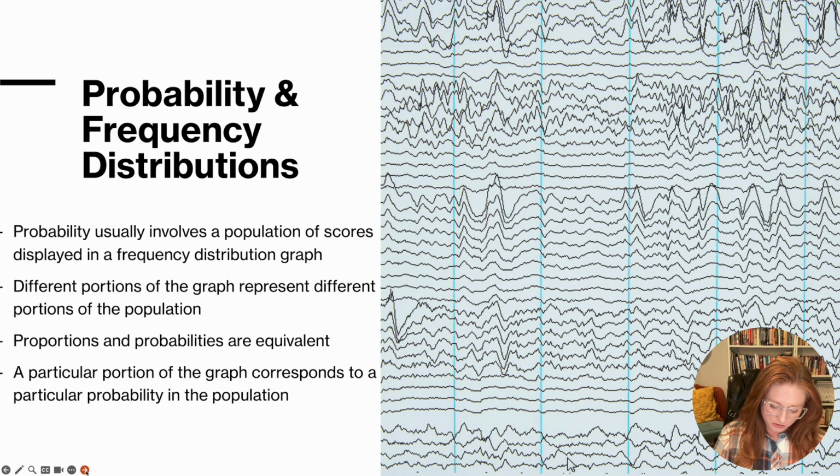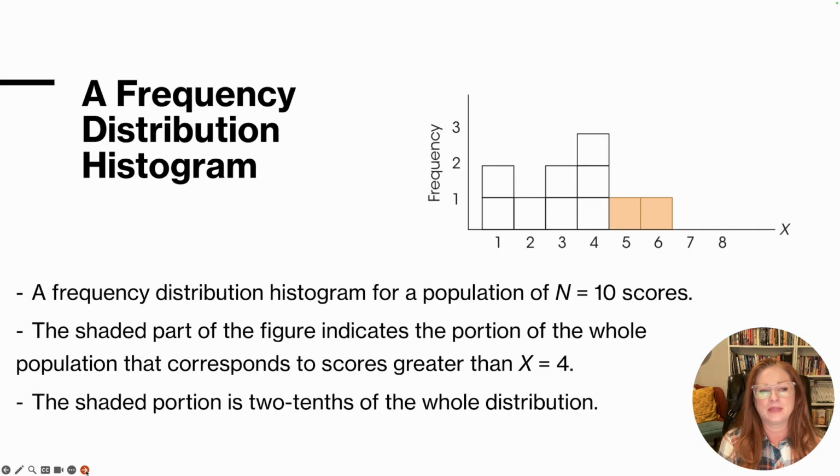As long as you are truly getting a representative sample, like a cross-section of people, your proportions, your probabilities, your mean, your mu, your samples, your populations, they're going to approximate the same. Okay. So a particular portion of the graph corresponds to a particular probability in the population, just like a sample does. Okay. So let's take a look here.